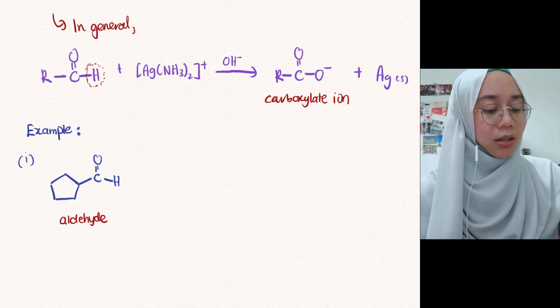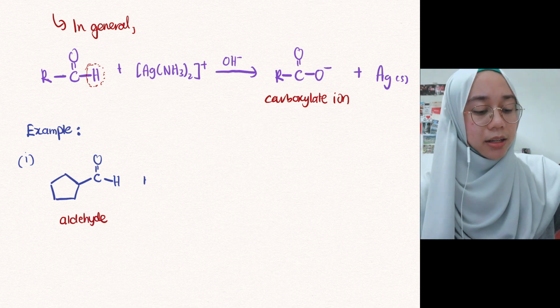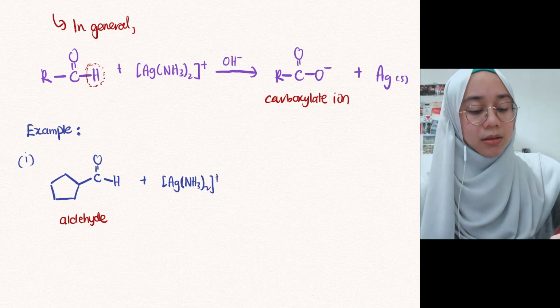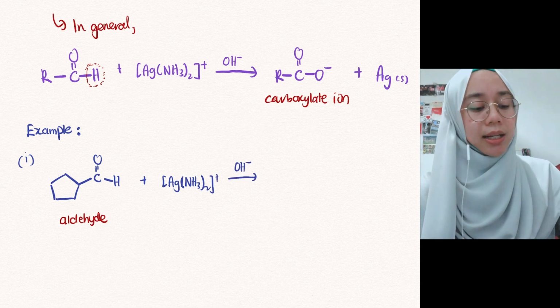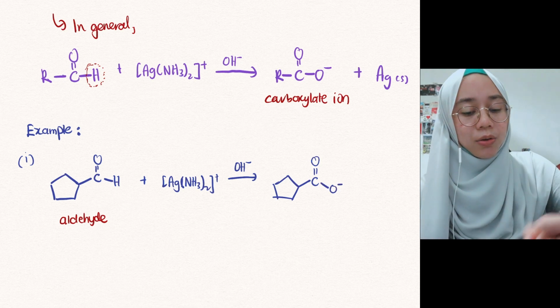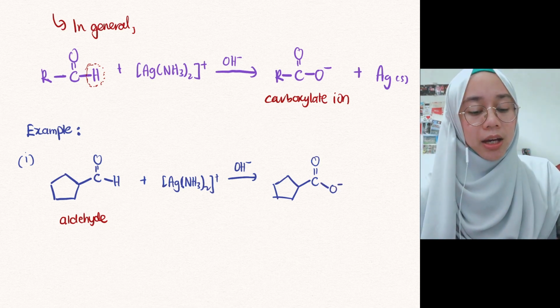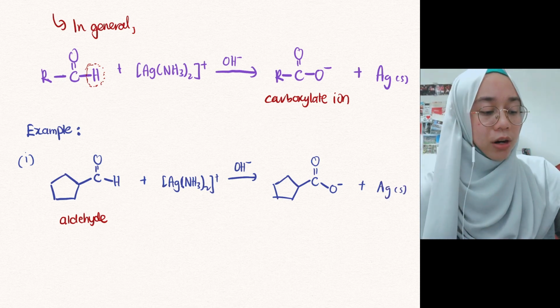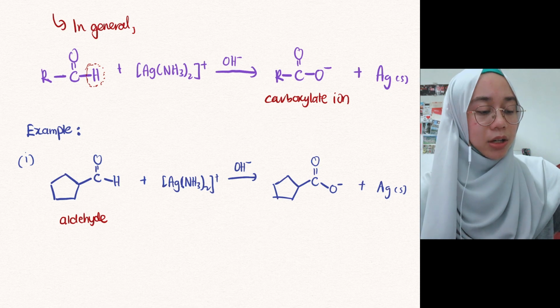Therefore, kalau dia react dengan kita punya Tollens reagent ni, so apa yang berlaku adalah salin balik everything except for the H. Okay, whereby the H nanti kamu gantikan dengan O negative. Okay, and then kamu just letaklah pula kamu punya silver. Okay, therefore apa kamu punya observation kat sini? So the observation untuk yang ni would be silver mirror precipitate is formed.